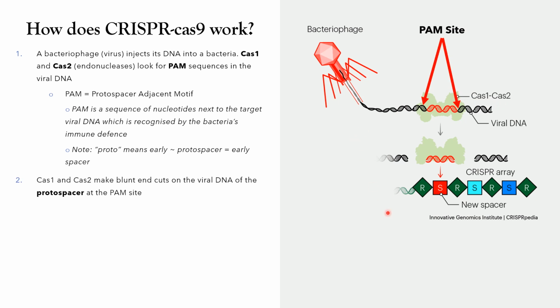Then Cas1 and Cas2 will make blunt end cuts at the PAM site of the protospacer. So at these PAM sites, we get blunt end cuts by Cas1 and Cas2. And now we have this specific sequence of viral DNA, which we call the protospacer.